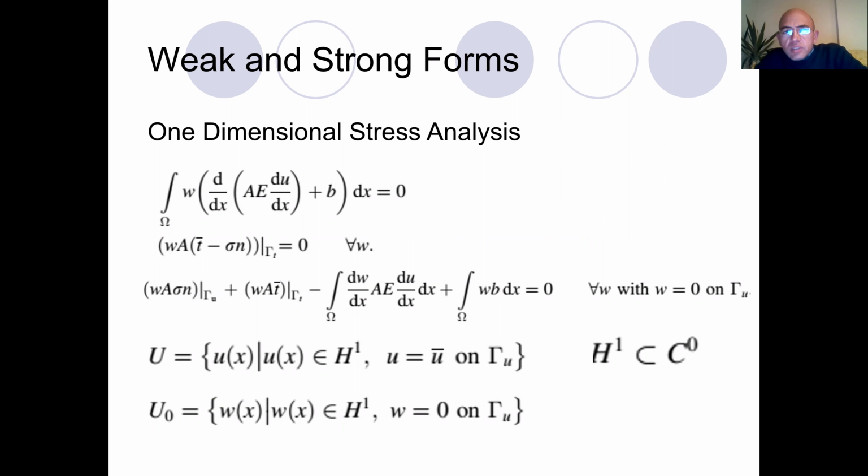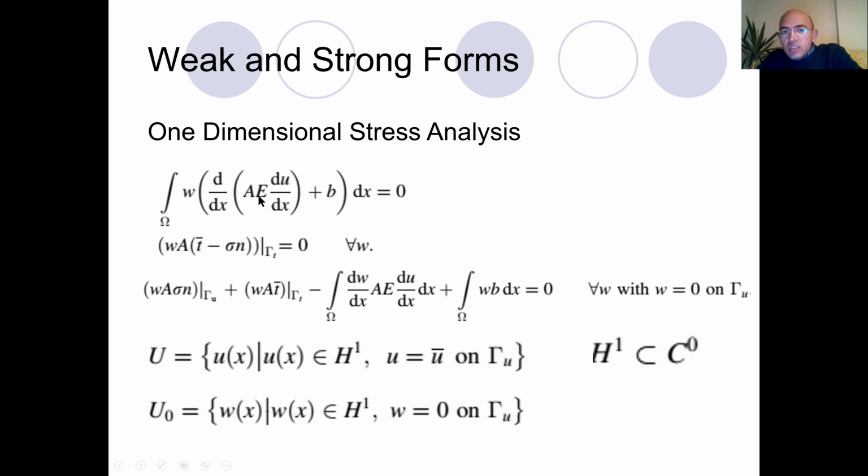Now, the next step is applying this to the stress force equilibrium in the one-dimensional structure. So remember that we take the weight of the force equilibrium in one dimension, d over dx.